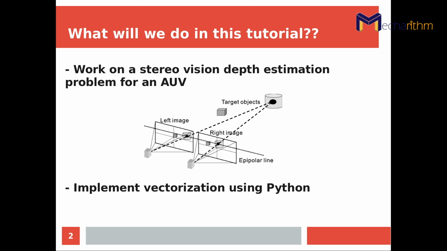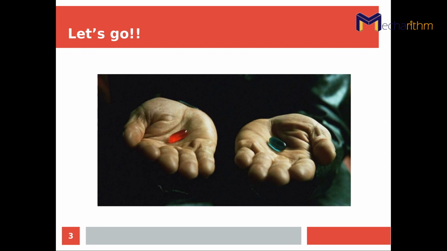We also implement vectorization using Python for both the cost function and the derivative function. Let's go. Before we proceed with our linear regression case study, we need to present the concept of vectorization.